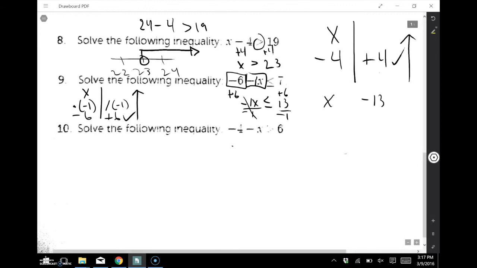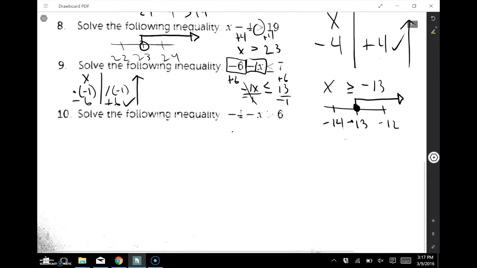And since I divide by a negative, I got to flip my sign. Okay, so drawing my number line here, it's going to be negative 13, negative 12, and negative 14 is too far left because we're playing with the negatives here. Closed circle, and I need to draw the arrow pointing towards the numbers that are greater than negative 13, which would be negative 12 all the way up to positive infinity.